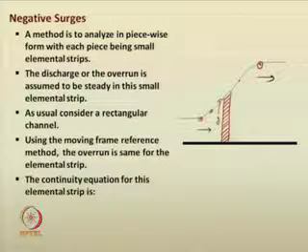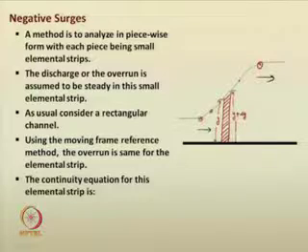Here the wave is propagating from upstream to downstream, so this negative surge is moving downstream. Let this depth be y, and here the depth be y plus delta y. That means this additional depth is delta y.